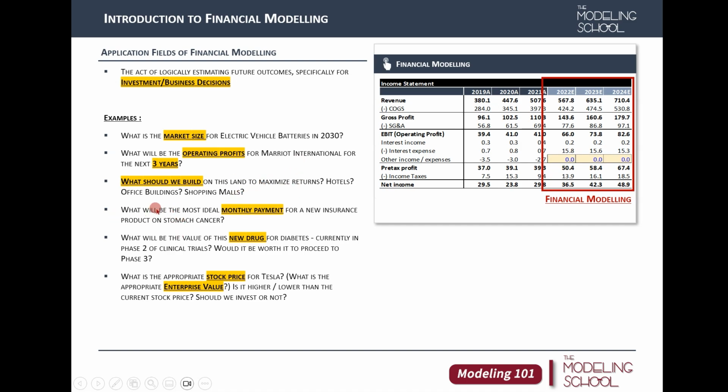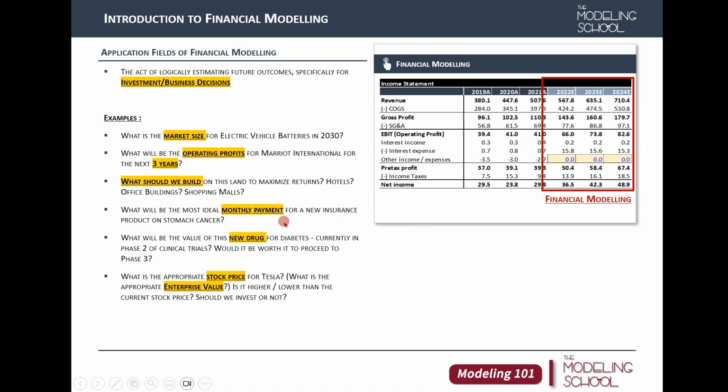Again, what will be the most ideal monthly payment for a new insurance product on stomach cancer? If you're designing a new insurance product for stomach cancer, you would have future probabilities for patients' occurrences of stomach cancer, and you would have to figure out how much we would have to provide to the patients if they have stomach cancer, and try to calculate how much we would have to receive in the present in order for that insurance product to make a profit.